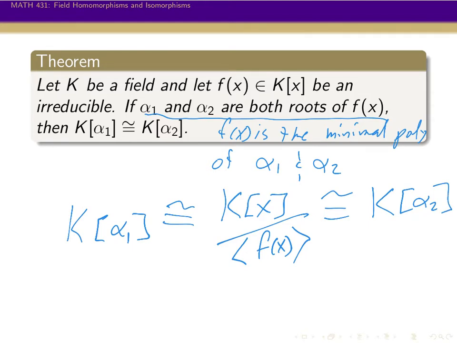And so by transitivity of isomorphism, K adjoin alpha 1 is isomorphic to K adjoin alpha 2.